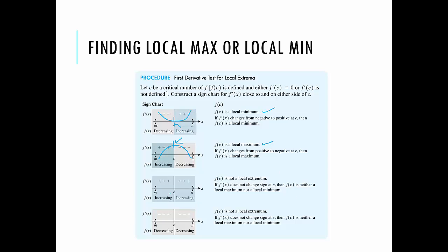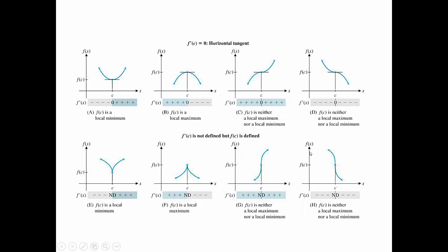If you have something going on here with positive goes flat positive, or negative goes flat negative, then as you can see, this certainly is not a local extremum, meaning no local max or min. So if my derivative is 0, I have a horizontal tangent.